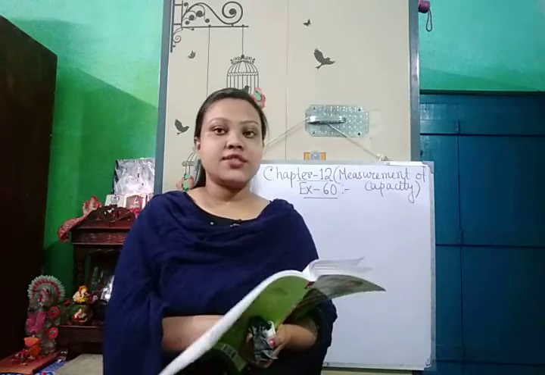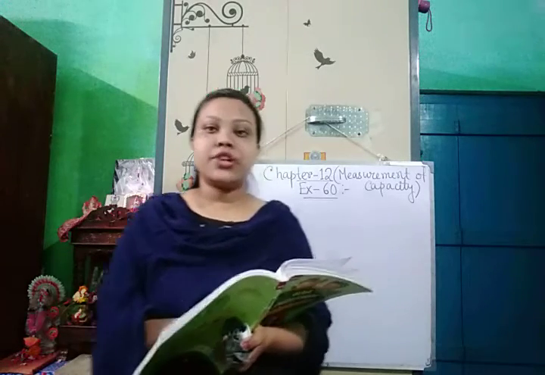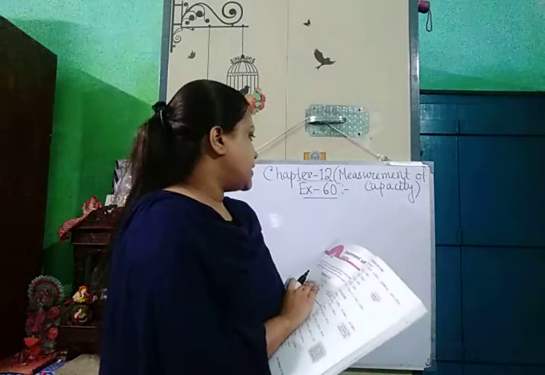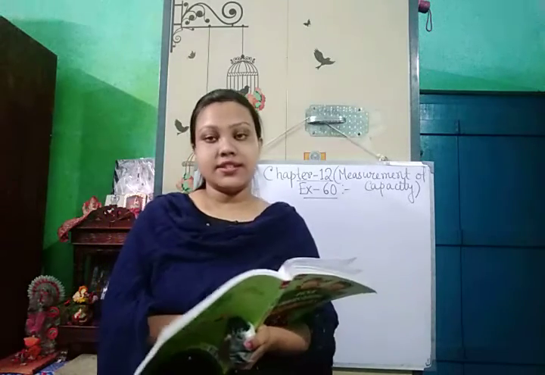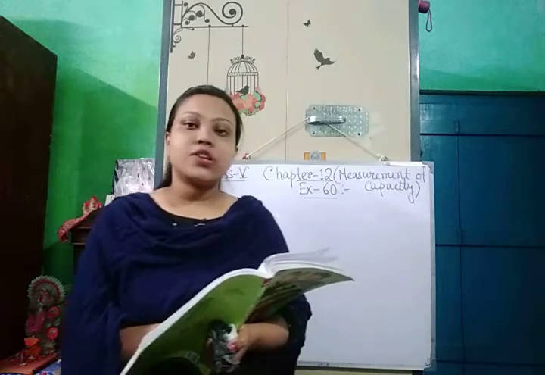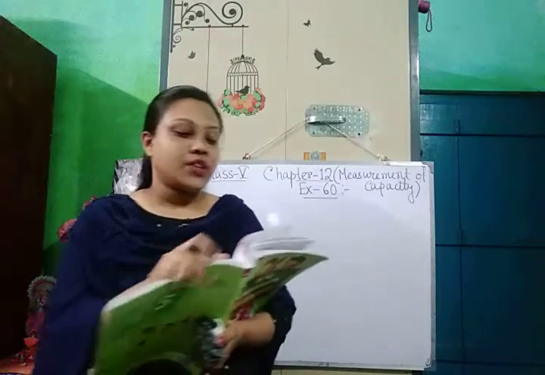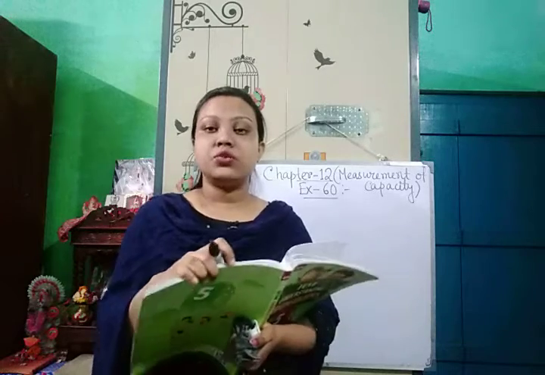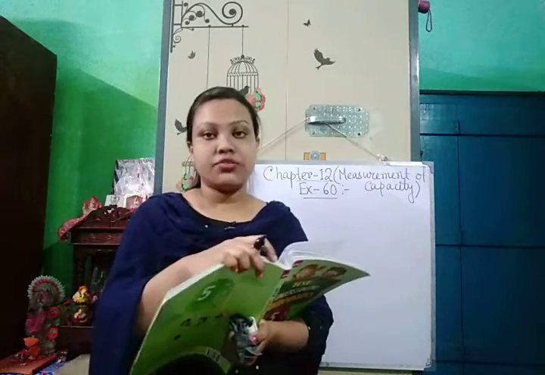So today in this class we will start another new chapter from your annual term syllabus, that is measurement of capacity, that is chapter 12, and we will do exercise 60, that is the first exercise from the chapter in this video. Okay, so let's begin with the chapter. In this exercise we will do the conversion of capacity.